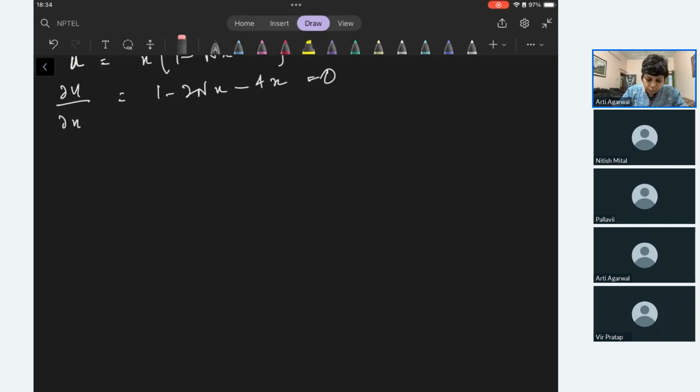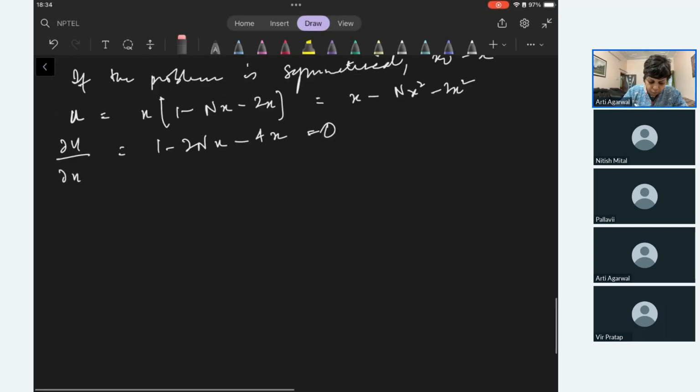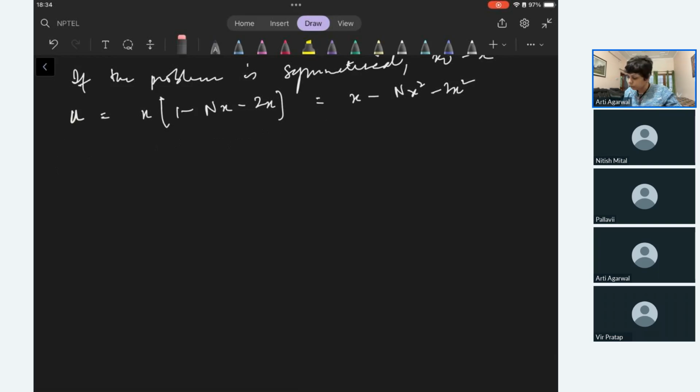I will do the algebra again, but there may have been some mistake in the original question. No, I was doing it correctly. 1 minus 2 n x minus 4x equal to 0.